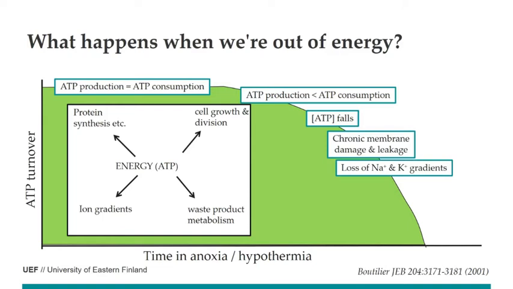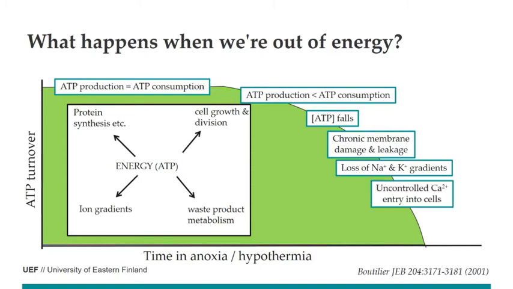But also, the potassium gradient in most of our cells maintains the so-called resting membrane potential. So if the cell is resting, besides these action potentials, the membrane voltage difference is maybe minus 80 millivolts or minus 50 millivolts, so something negative. And if we lose this potassium gradient, it will be close to zero.